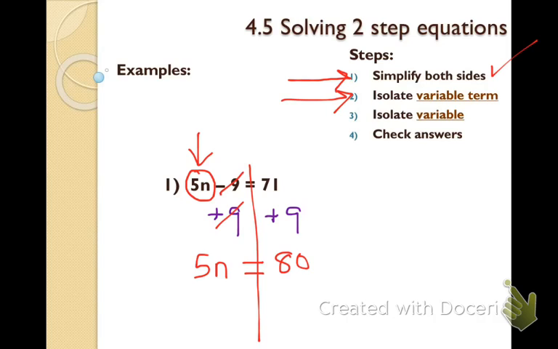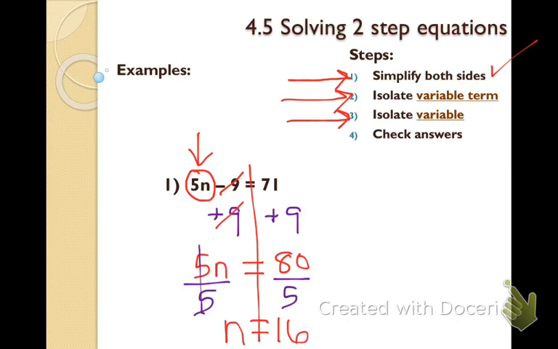Now I'm almost done. Now, third step, I need to isolate the variable, get the variable by itself. The reason it's not by itself is because it's being multiplied by 5. The inverse operation of times 5 is divide by 5. I need to follow the golden rule and do it to both sides. 5 divided by 5 is 1n. 1n equals 16.